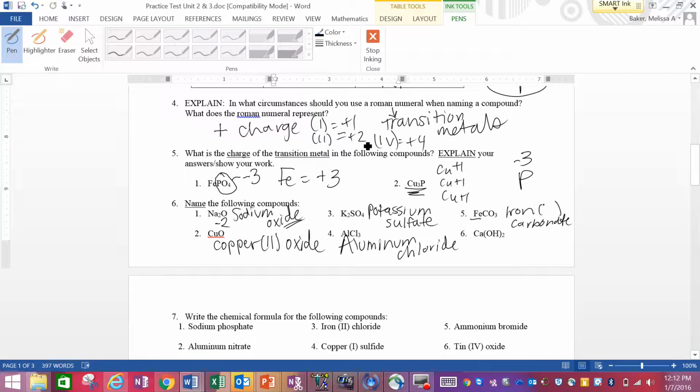This is going to become iron 2 carbonate because carbonate always has a -2 charge. If you don't know that, it's one of the 6 polyatomic ions and you'll be given those. Okay, and the last one is straightforward, no transition metal, so we just name it. OH is one of those special 6 polyatomic ions, so that's calcium hydroxide.